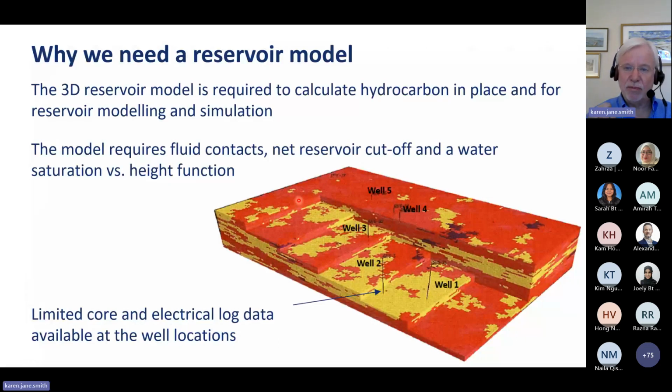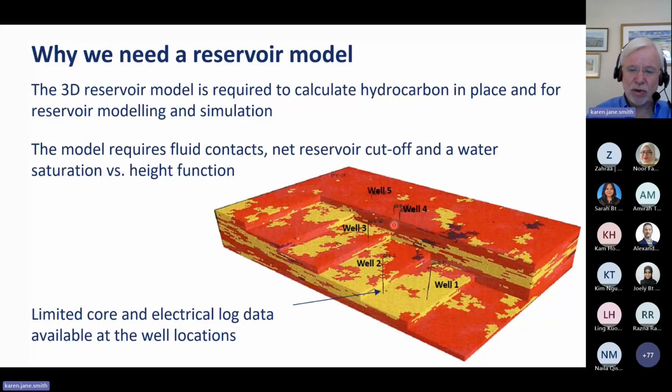Now, the model needs some key things. It needs to know what the fluid contacts are. The net reservoir cutoff is very important. And in this presentation, the SWI function. The wells are shown here in black. There are shown 5 vertical wells.